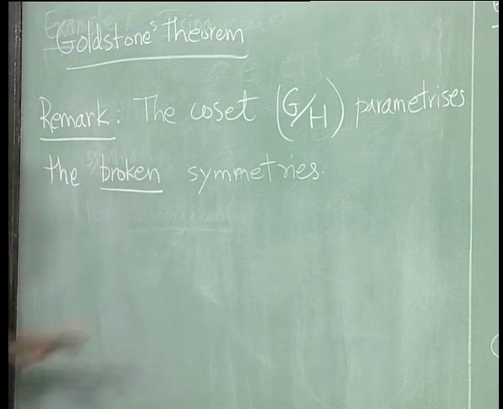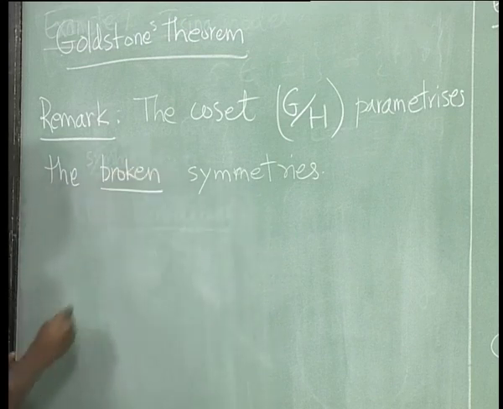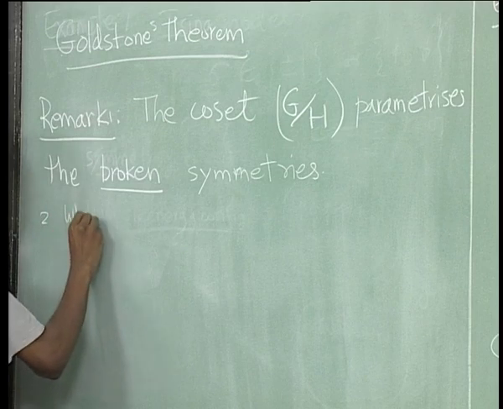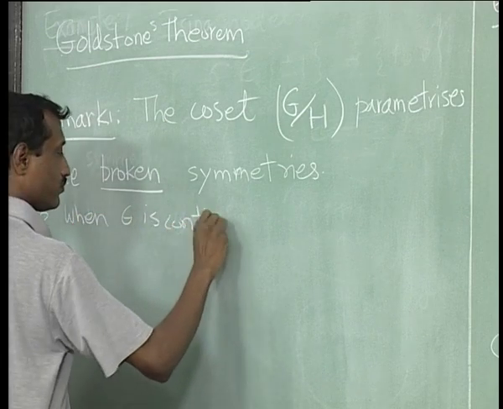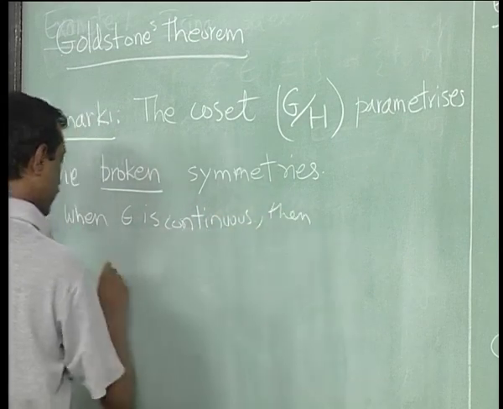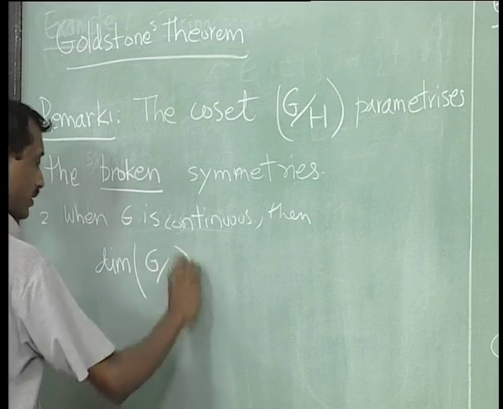And this is by the way true whether G is continuous or not. But I need one more small remark, remark 2, which is when G is continuous, then I will define something called the dimension of the coset.